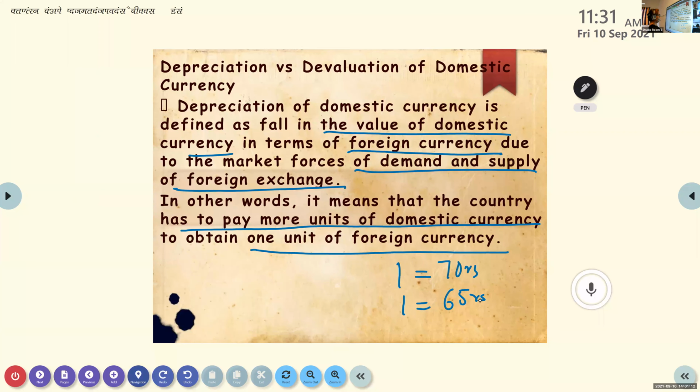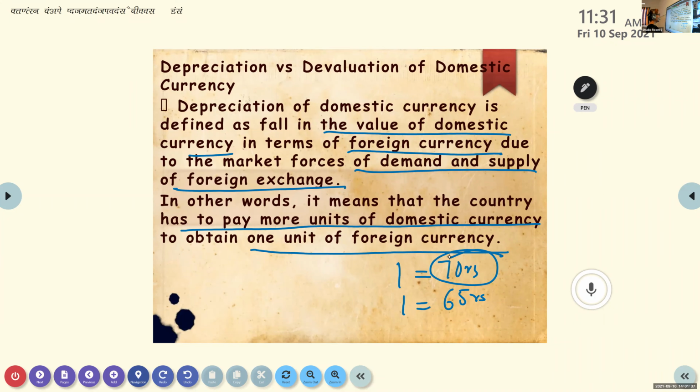Karthik? First one. Why? Because we have to pay more units of our country's currency, so the value of our Indian currency has reduced.